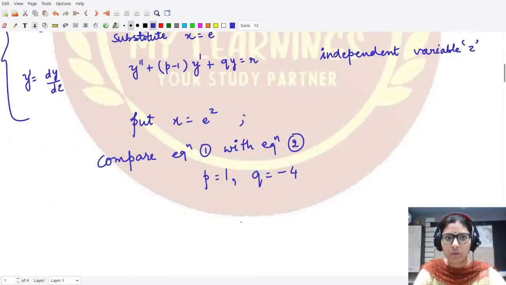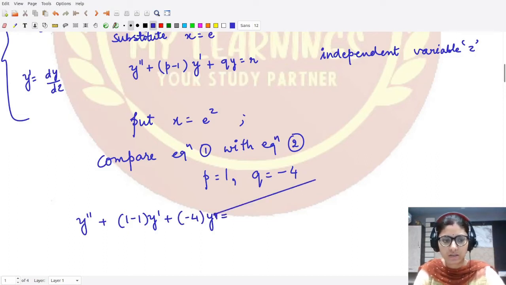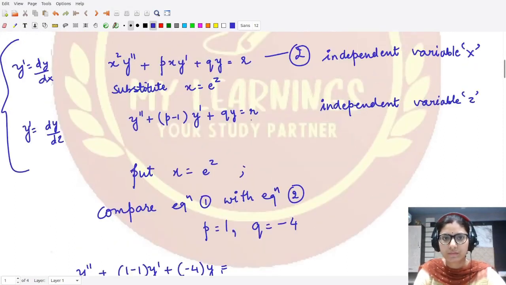Our converted equation using this substitution is y double dash plus (1 minus 1) y dash plus q times y, equal to e to the power something.